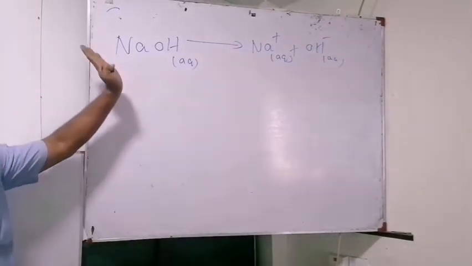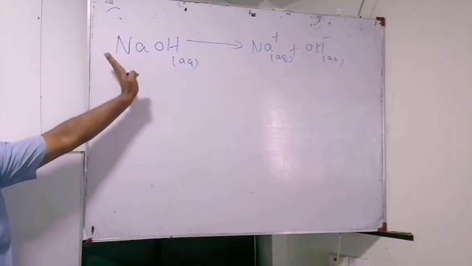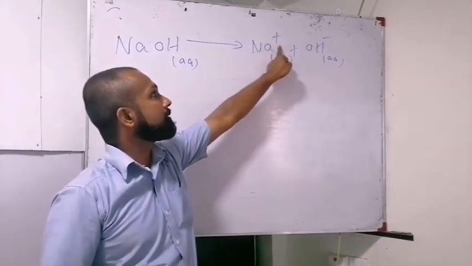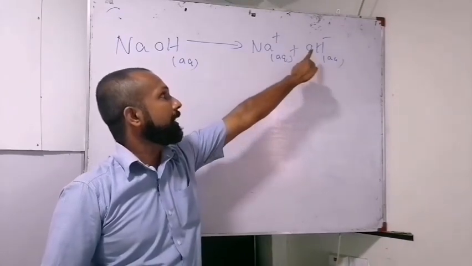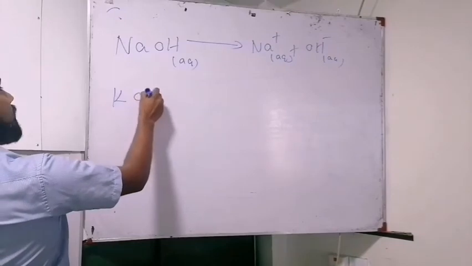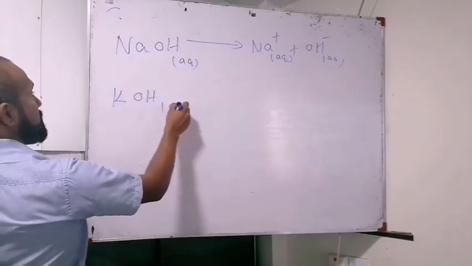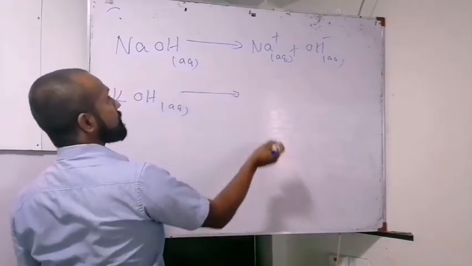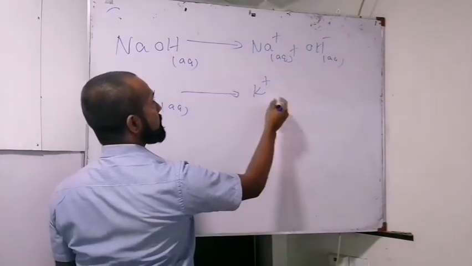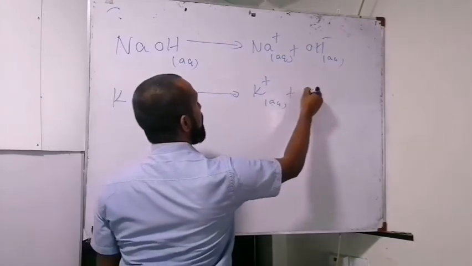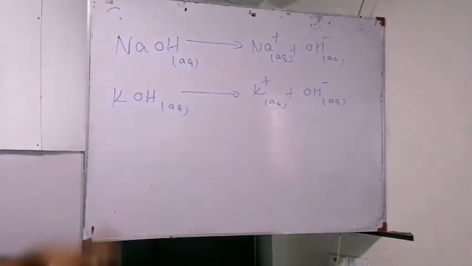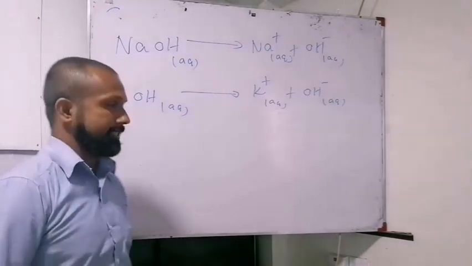Here, all the molecules in solution ionize into sodium and hydroxyl ions. Let's take another example, potassium hydroxide in an aqueous medium. Potassium hydroxide dissociates into K+ and hydroxide ions. So these are some examples of strong bases.